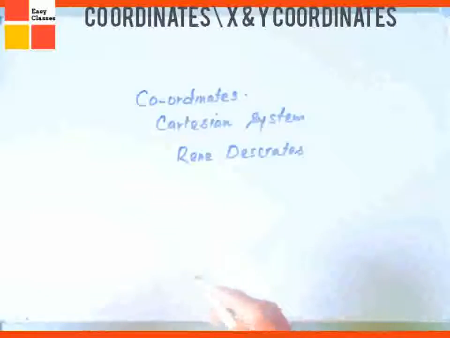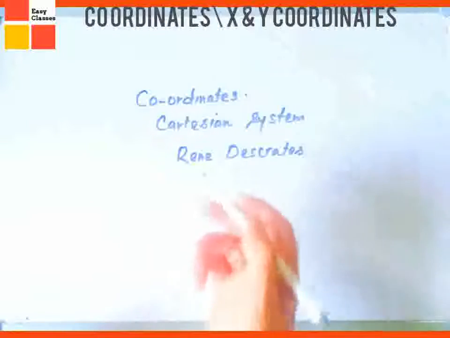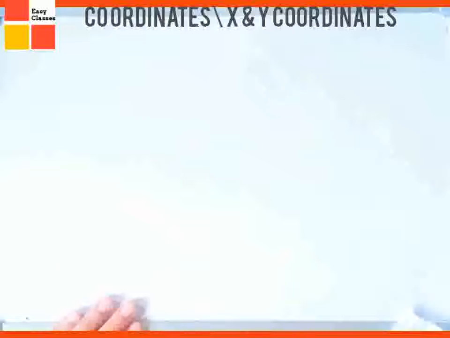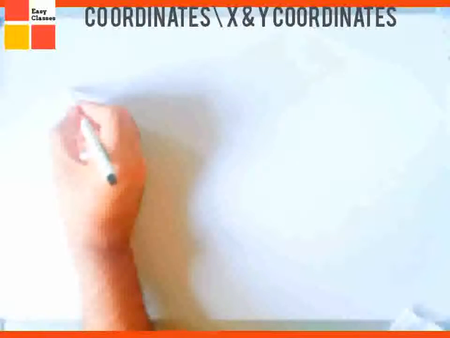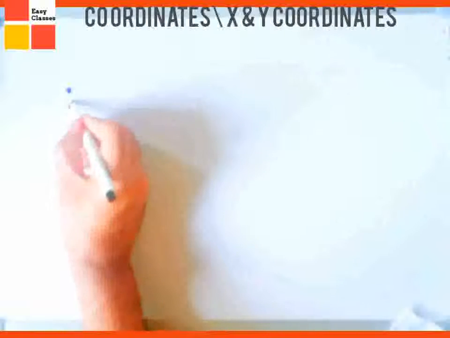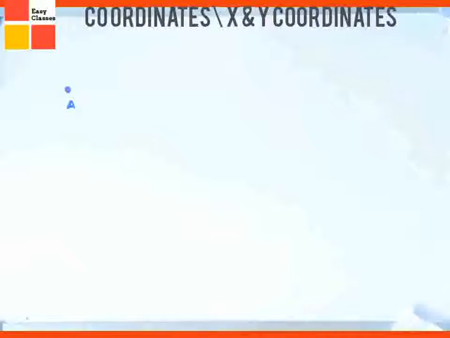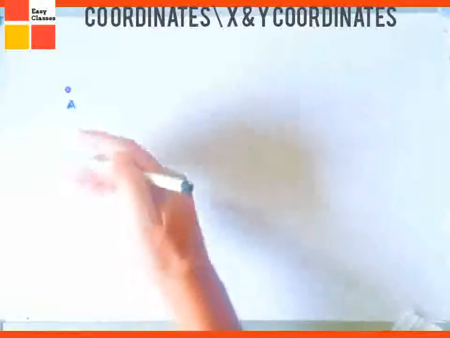So let's try to understand everything about these coordinates. Suppose anybody asks you what the position of this point is. What will be your answer? Our answers will be different. Some may say that this point is present on the upper half of the whiteboard.